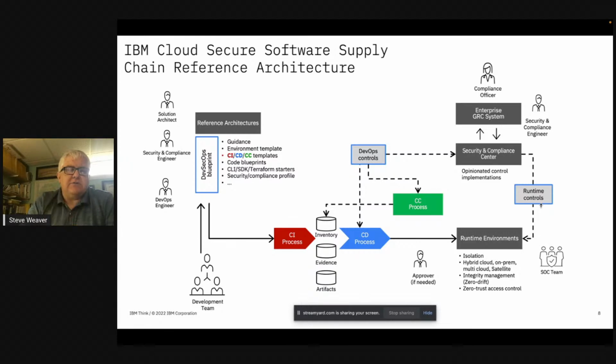So we'll be taking those templates that you can see on the slide on the left-hand side here on the reference architectures and instantiating them in the IBM Cloud, and then going through a typical process that a development team would go through to identify a bug in a running production system using the continuous compliance process, and then fixing that bug, delivering the change through the CI process, and ultimately deploying it into production with the continuous deployment process.